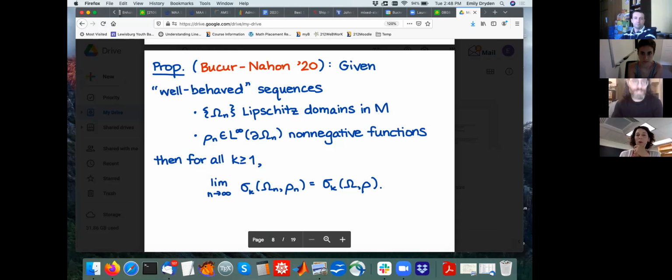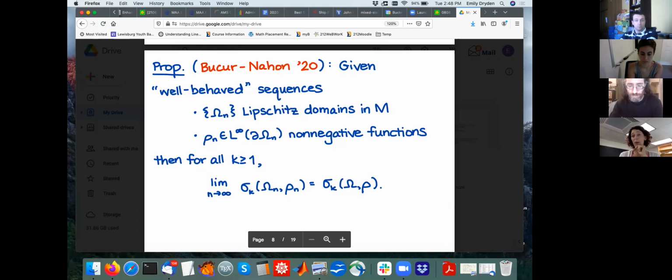So what we have done is we've said this work of Bucur and Nahon actually lets us interpret a lot of these results in the context of a general non-negative rho that's not identically 0, and in the context of any Lipschitz domains.